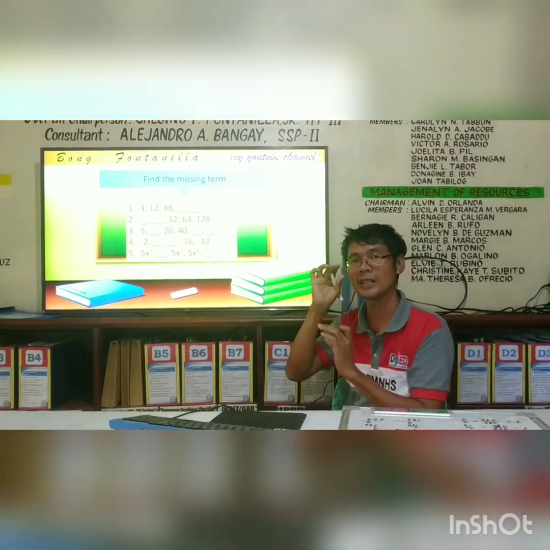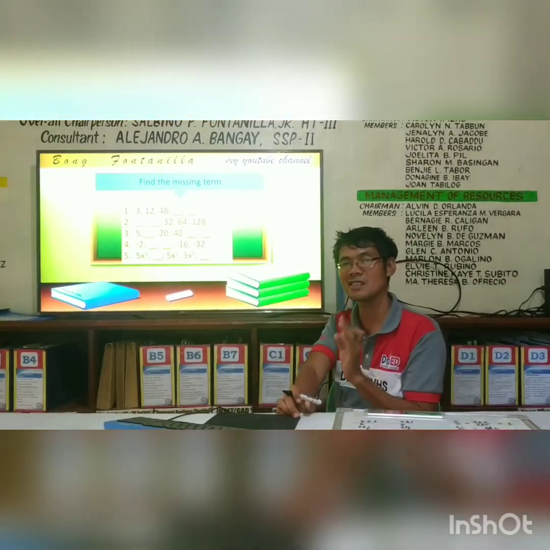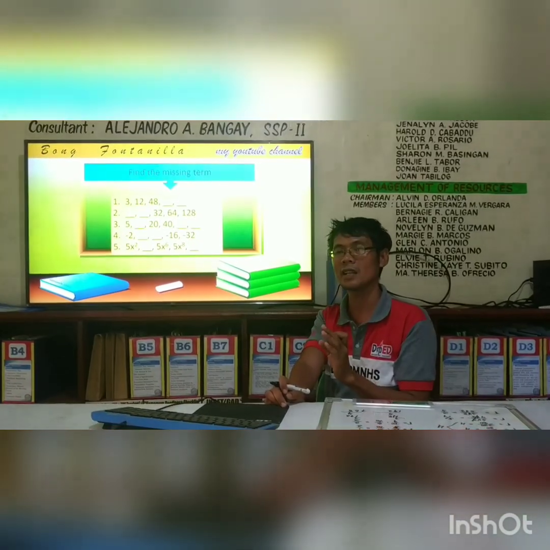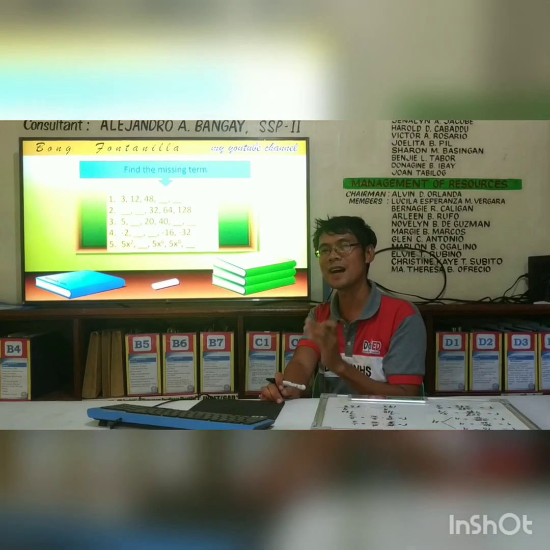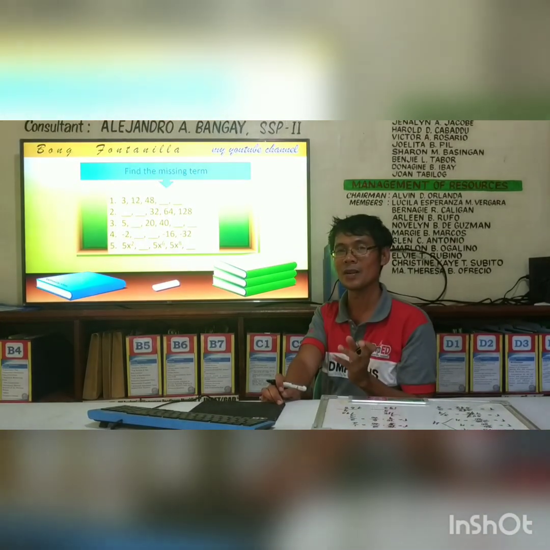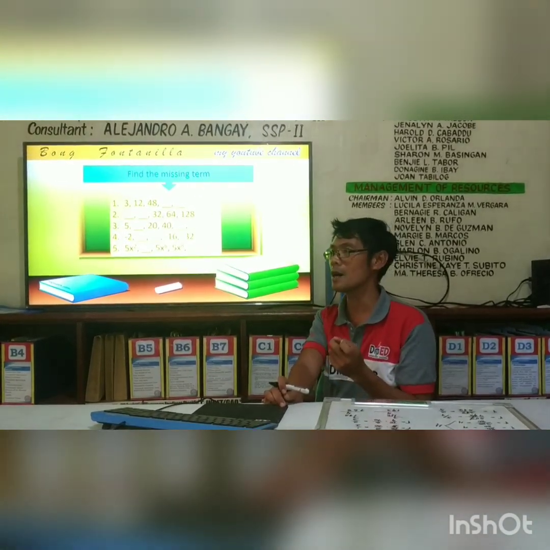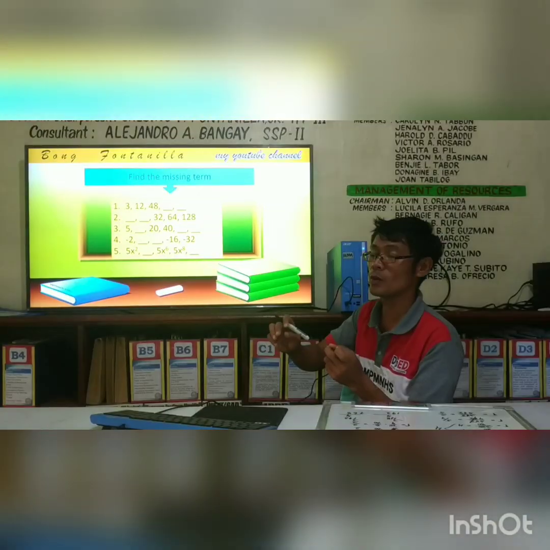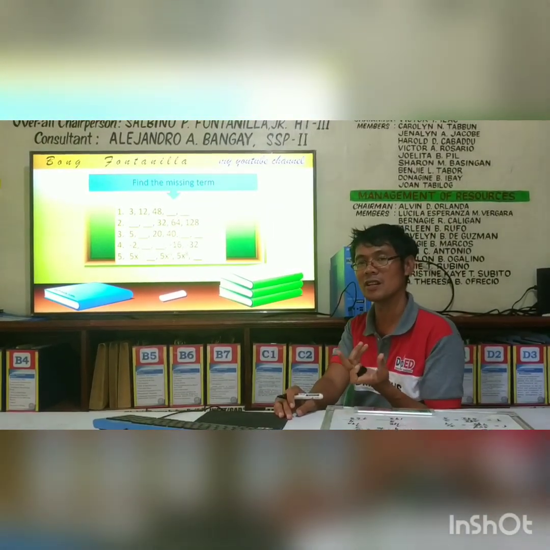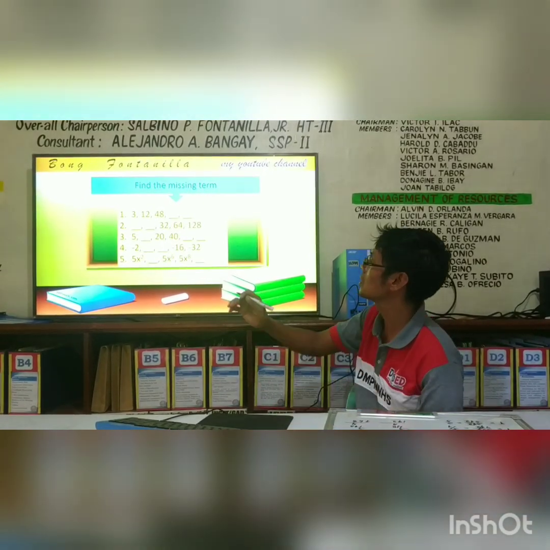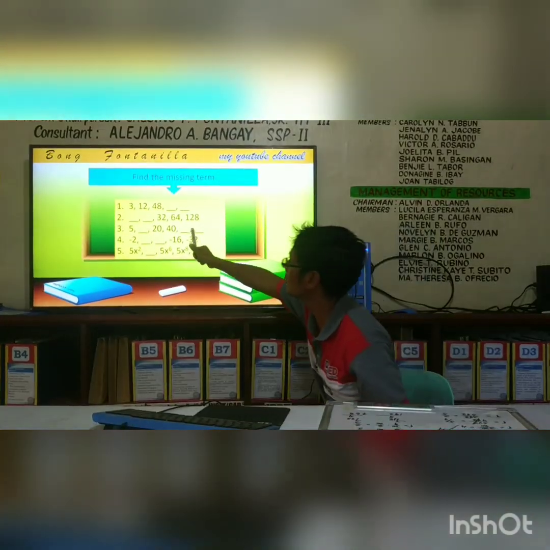So working backward tayo. So therefore, instead of multiplying the ratio, since going backward, we will be dividing the ratio. Yeah? So our operation there will be division, because you know the inverse of multiplication is division, and the inverse of division is multiplication.